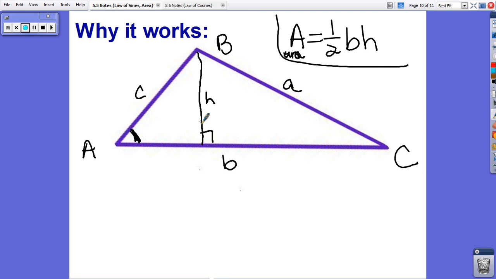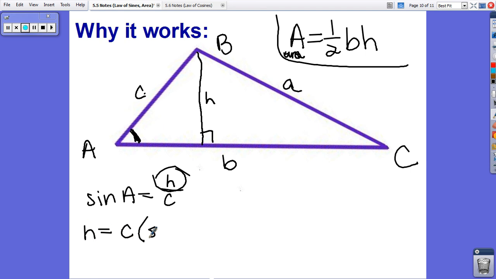Well, you just did an entire unit on trig, so you know that if I found sine of A, it would be equal to the opposite over the hypotenuse. And if I were to solve for this height up here, I would multiply both sides by c, so I would get that my height is equal to c times sine of A.